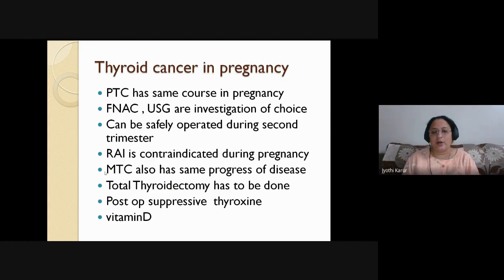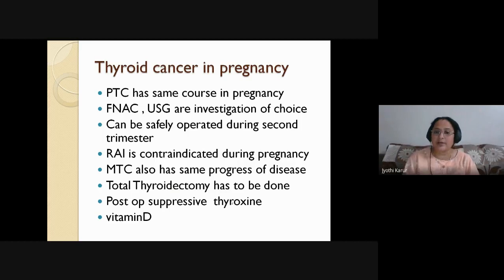Medullary carcinoma of thyroid also has the same prognosis of disease. So whenever a patient is diagnosed with any thyroid cancer during pregnancy, you can choose the second trimester or wait till the delivery. What is the surgery? That is total thyroidectomy, and then you have to give post-operative suppression.